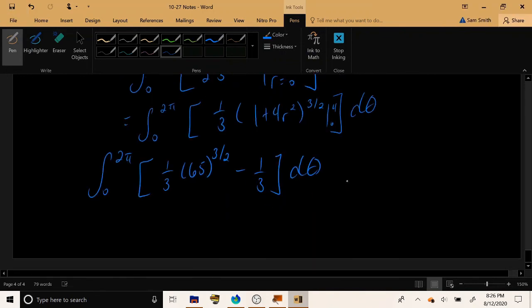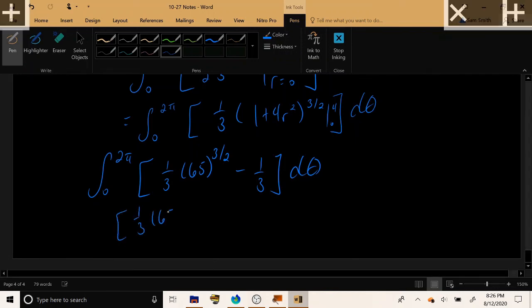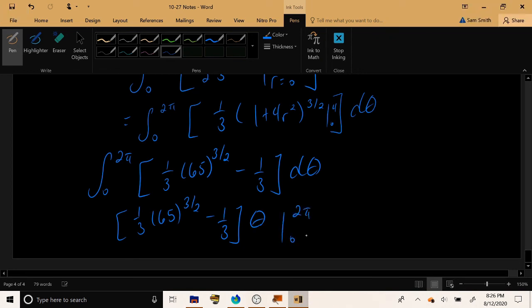So our integrand has become a constant, a complicated constant, but still a constant. And so we have 1/3, 65 to the 3 halves, minus 1/3, times theta, evaluated from 0 to 2 pi.